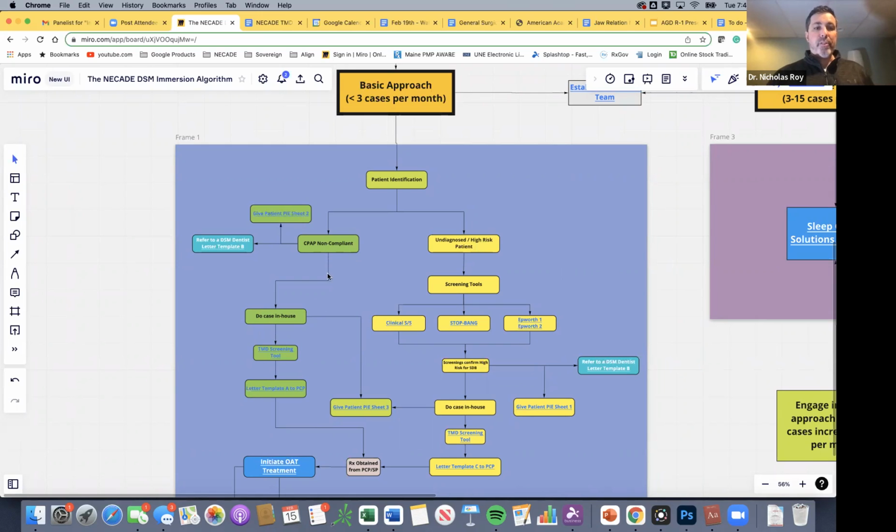Well, you have 2 options. You can come down this way, do the case in-house, or if you have somebody in your local dental community that already does this stuff, you can refer to a dental sleep medicine dentist. There's a letter here. If you click on it, it's basically a template that says, hey doc, I'm referring the patient over to you. Please return the patient for restorative and preventative maintenance.